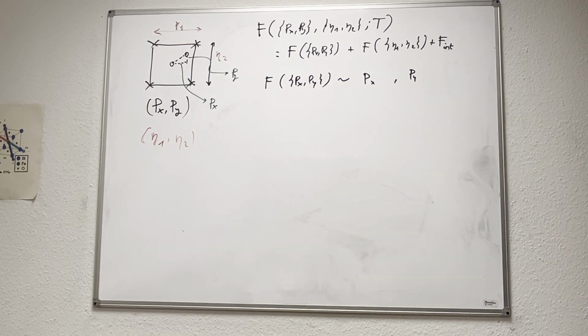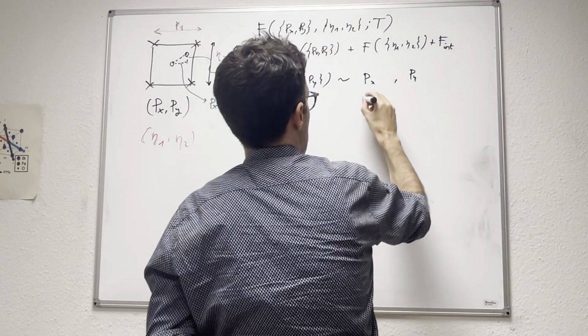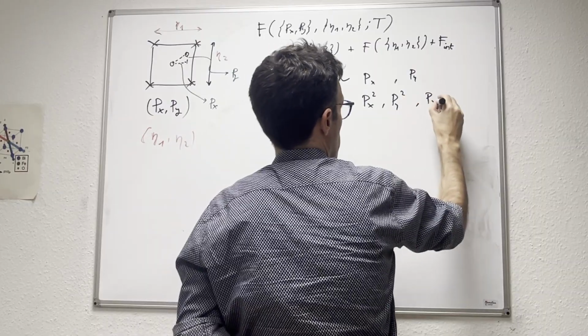I could have terms that are proportional to the harmonic terms that I can form with these two variables. So I could have things that are proportional to Px squared, Py squared, and the cross product between Px and Py.